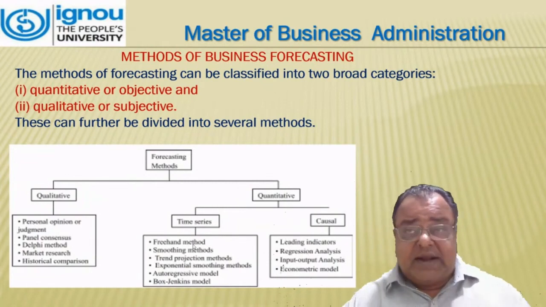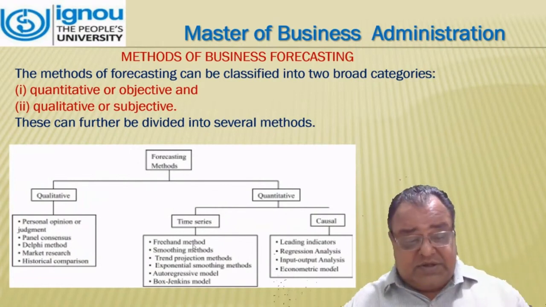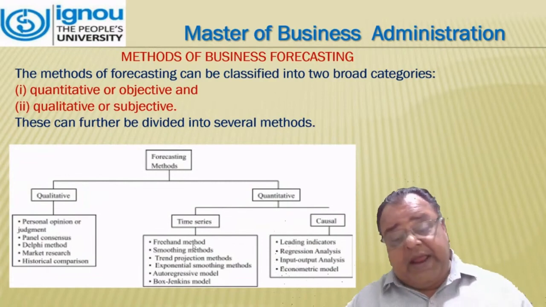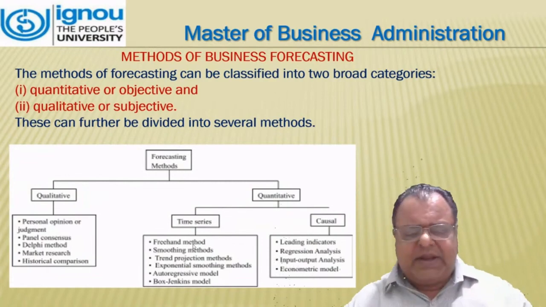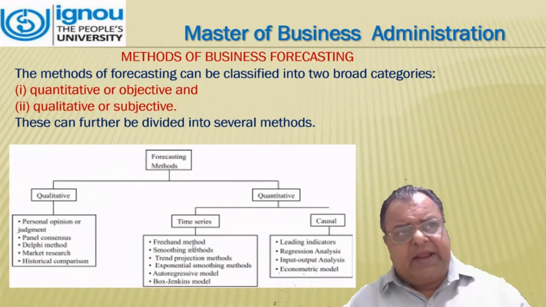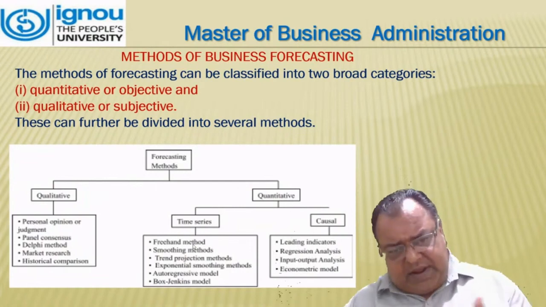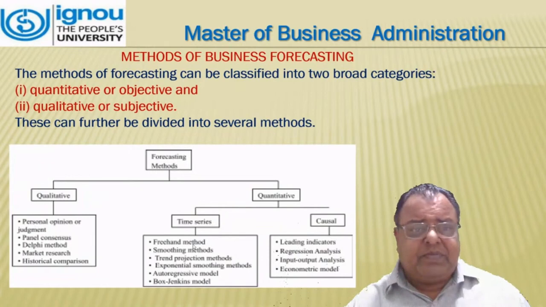Time series includes freehand method, smoothing method, trend projection methods, exponential smoothing methods, auto regression model, and Box Jenkins model. And the causal method includes leading indicators, regression analysis, input output analysis, and econometric model. So we will be discussing some of them in our discussion today.